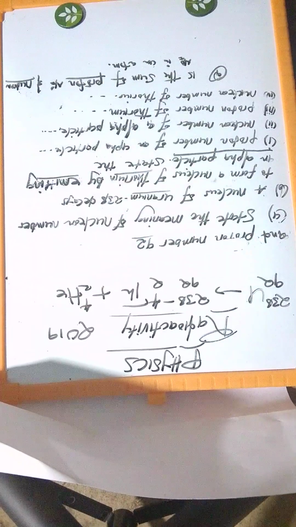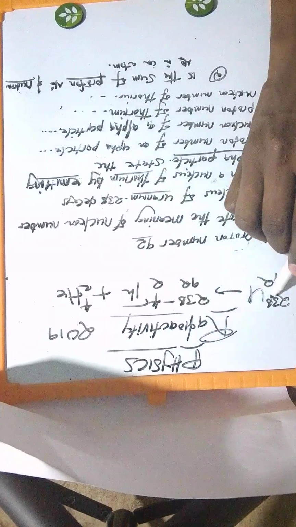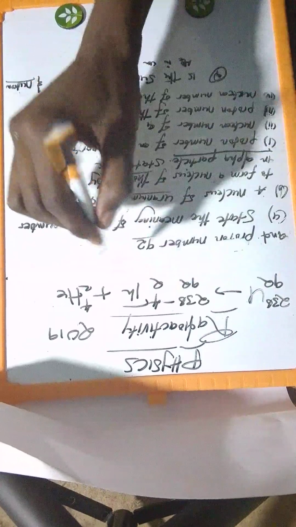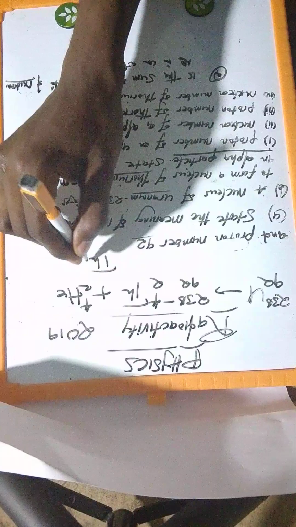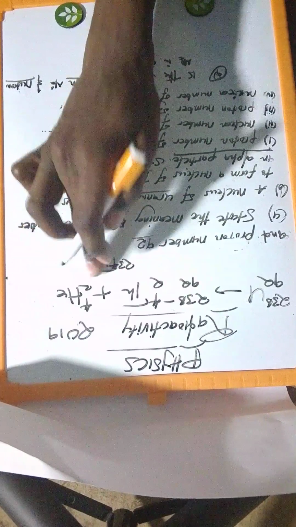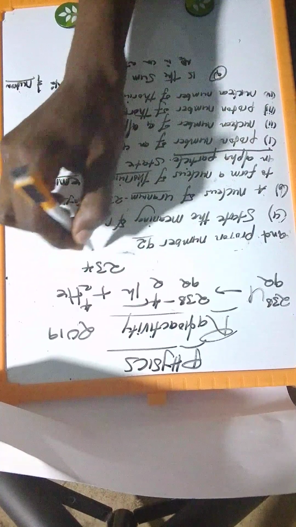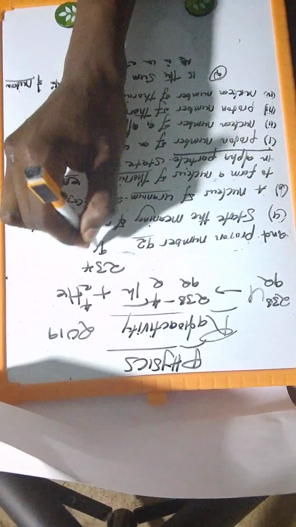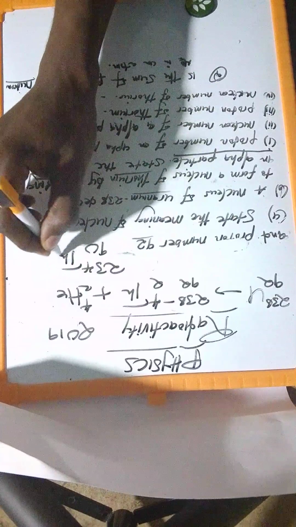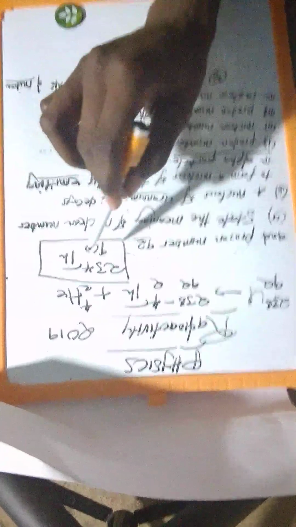So when this happens, from 238, we're going to take out 4. So thorium will give us 234, and 90. So this is our new daughter nuclide of thorium.